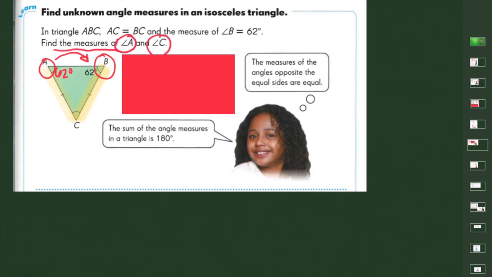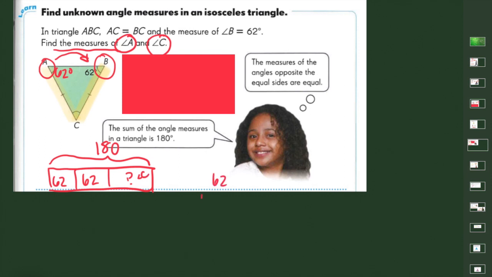Now let's talk about how we can find the measure for angle C. Well, I also know that all three angles in a triangle must have a sum of 180 degrees. I know that two of the angle measures are 62 degrees. I need to find the missing angle C. So if I add 62 plus 62, that would give me the total measure of angles A and B, which is 124 degrees.